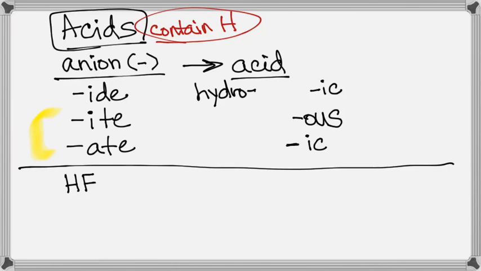HF is a binary compound, only two elements, your H and your F. We're going with the first naming convention because the F here is fluoride, so it is hydro, fluor, and instead of "ide," we put our "ic" ending on there: hydrofluoric acid.